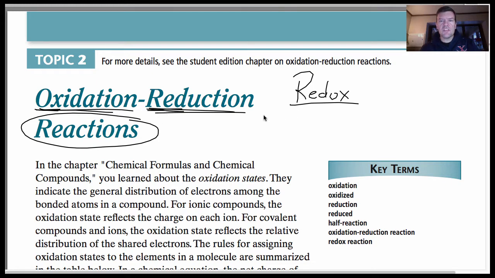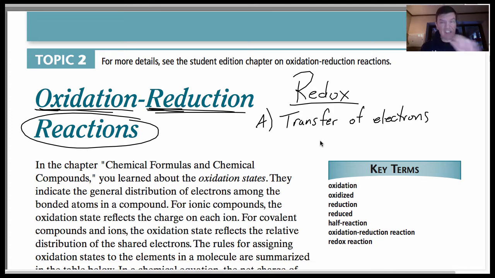So the first thing you need to know for a redox reaction is there is going to be a transfer of electrons. Okay? So there's going to be a transfer of electrons from one particular element to another element.